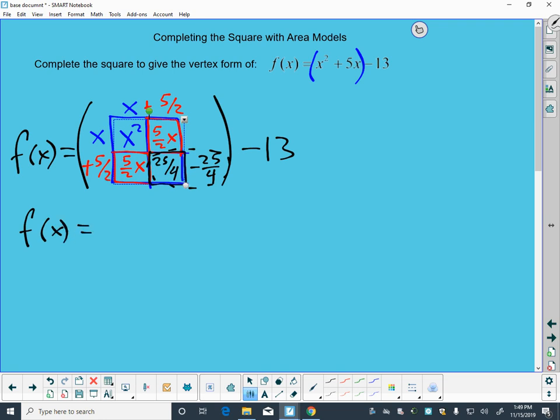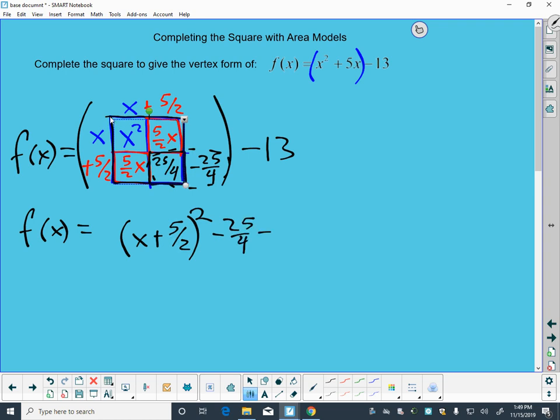My next step is to write this in a little more algebraic form, where instead of writing the square as the area of 4 little rectangles added together, I'm going to write it as length times width of that square. So I get x plus 5 halves times x plus 5 halves minus 25 fourths.